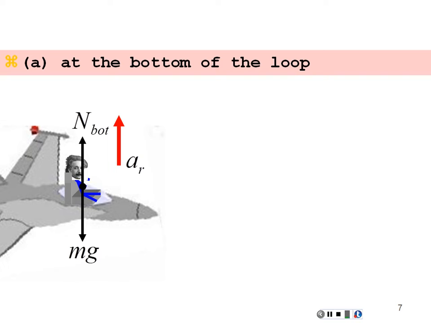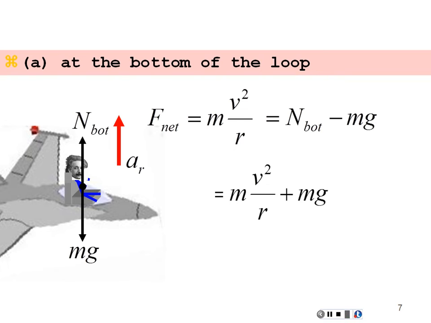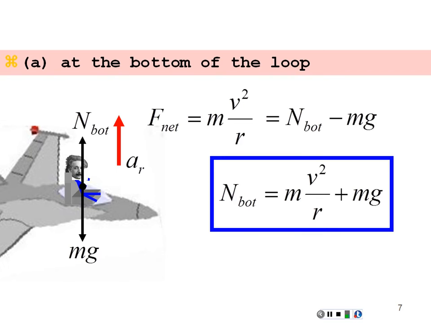So we would say that our net force, which is mass times acceleration, is equal to the net force in the direction of acceleration, which in this case would be the normal force of the seat at the bottom of this loop minus mg. We can use this to solve for the normal force of the seat, and that is equal to mass times velocity squared over r plus mg.